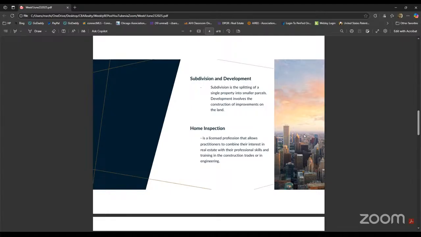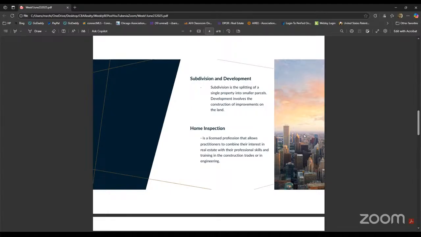An example of that, if any of you are familiar with Matteson, in the south suburbs of Illinois, is where they did this subdivision and development. They took a single property, acres of land, right? It could be 10 acres, I'll say as an example. And what they did is develop on that land by building single family homes, which they sold.